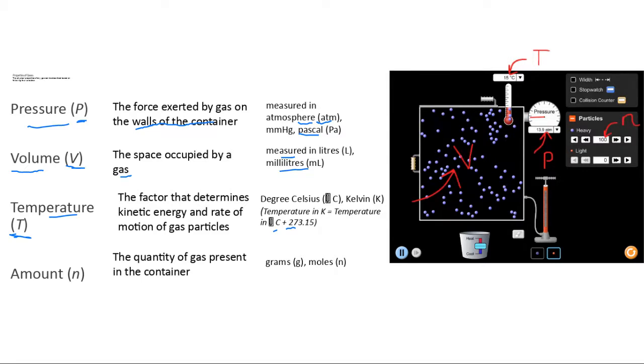The last parameter is the amount, or n, which is the quantity of the gas present in the container. We measure the amount of gas in grams or in moles.